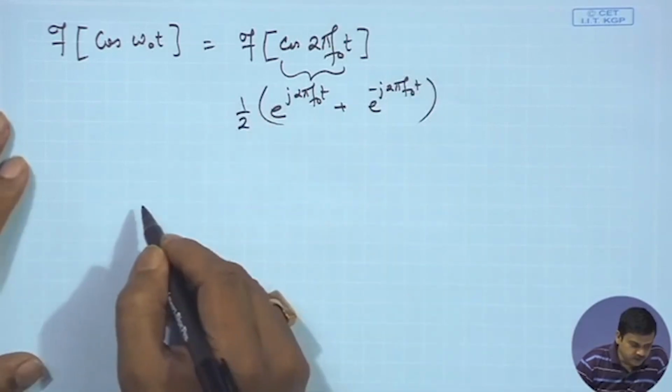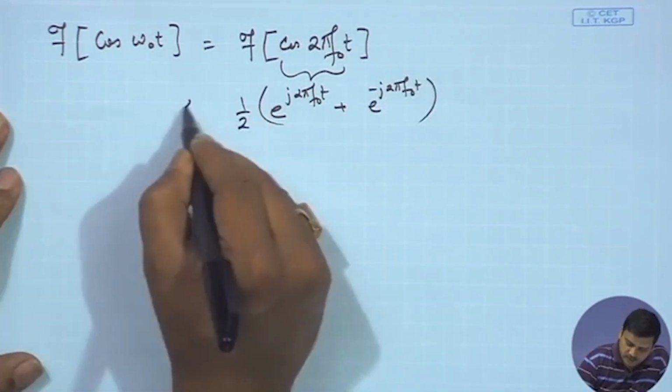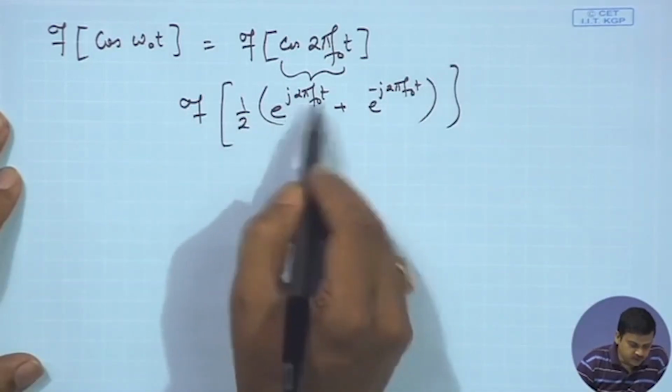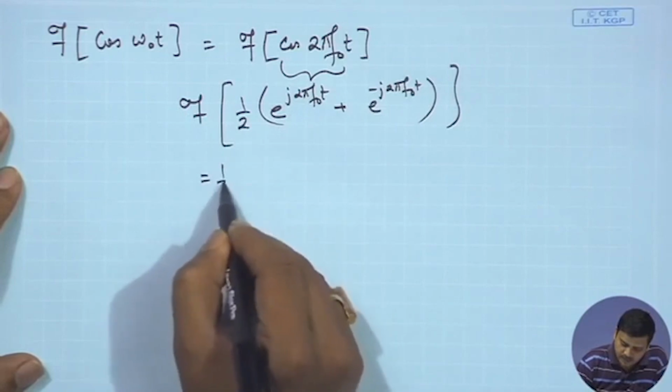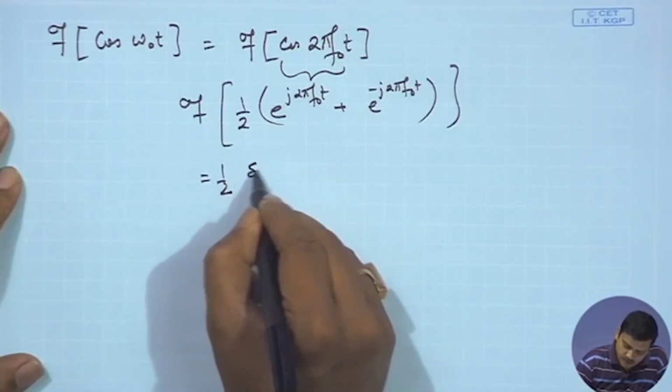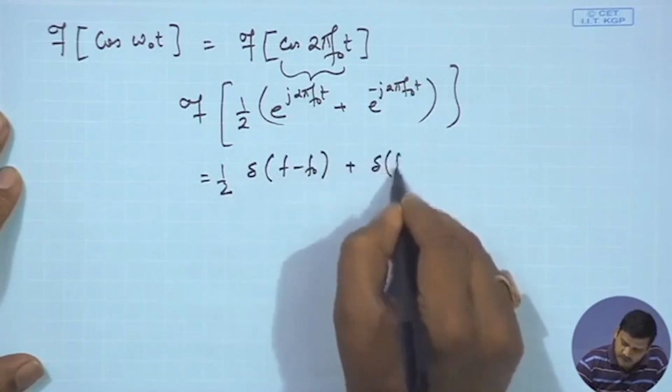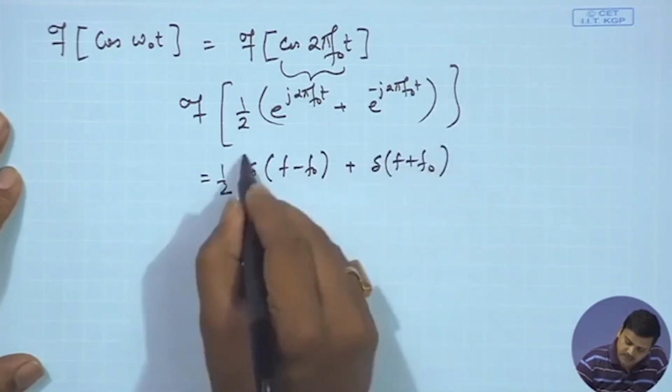So we already know the Fourier transform of these terms, and what we have is half times the delta function of f minus f naught plus the delta function of f plus f naught.